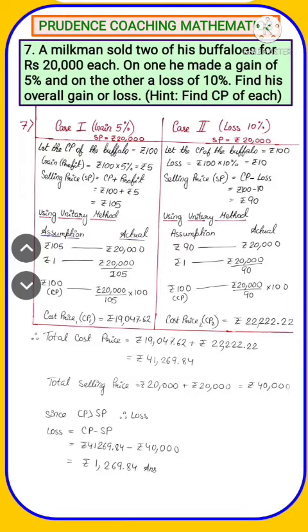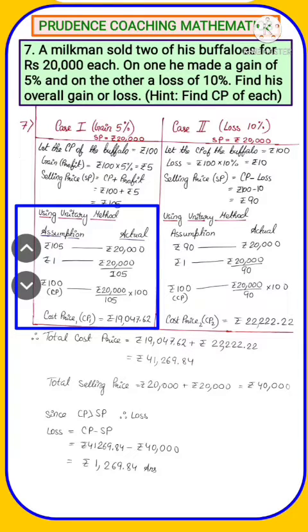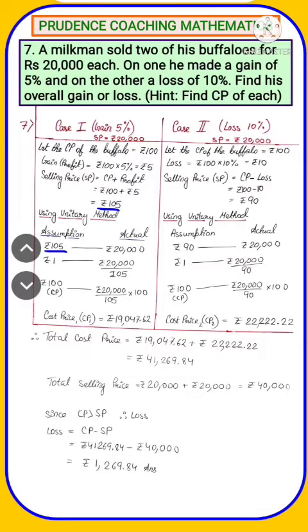So our assumption is completed. Now our main step will start, where we will use the unitary method to compare the assumption with the actual value to find out the cost price in both the cases. So now as you can see, 105, which was the selling price according to our assumption, equals rupees 20,000 in actual. So we have written rupees 105 equals rupees 20,000. Now we need to find out the value of 1. So this 105 will come in the denominator as division.